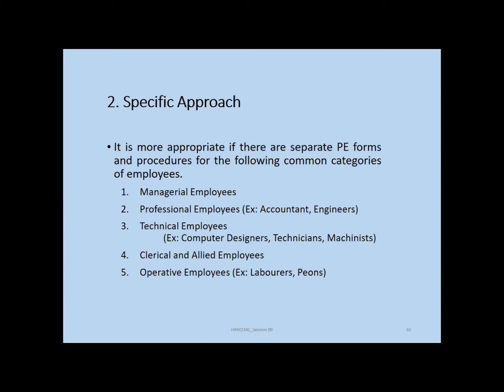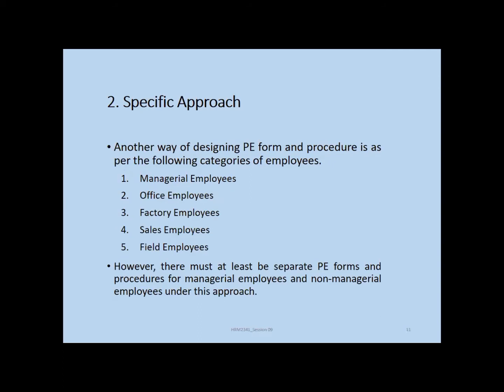Therefore, it is better to develop 5 different performance evaluation forms and procedures for these 5 types of employees. Another example: managerial employees, office employees, factory employees, sales employees, and field employees.